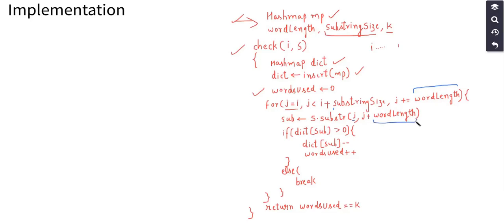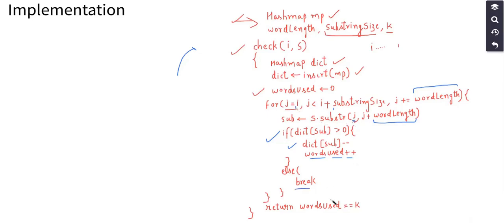and we check for each word, starting from j, of this length, if it is present in this hash map or not. That means if this word was present in the words array or not. If it was present, then we decrement the entry from the hash map and we increment our words used variable by 1. That means we have used this word to construct our substring starting from this index, that is j.